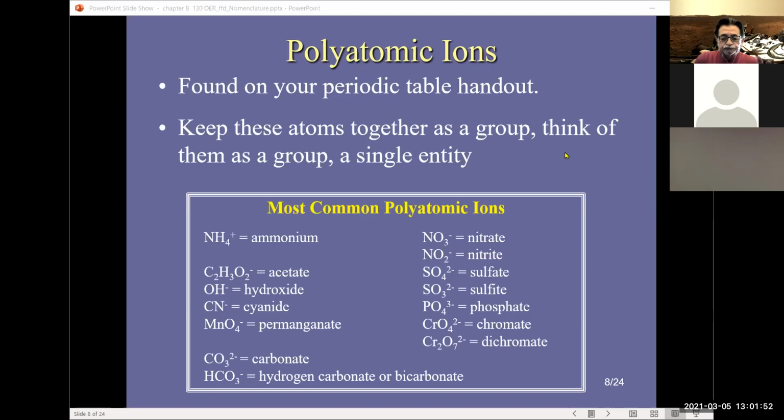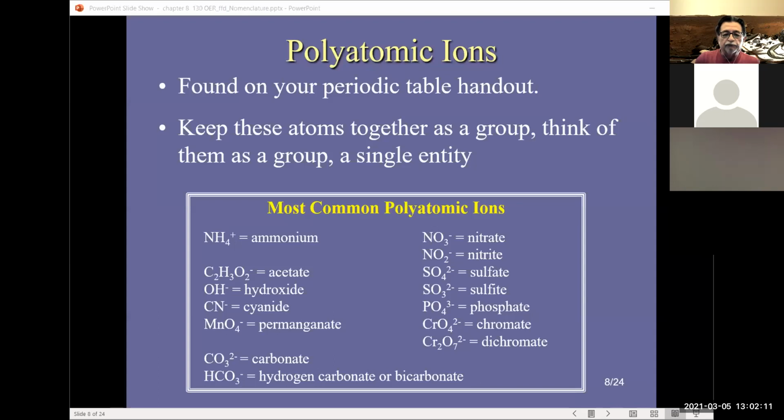Now, one thing also to remember: let's take a look at the ones listed as nitrate and nitrite. The names can be confusing sometimes, but let's break it down.